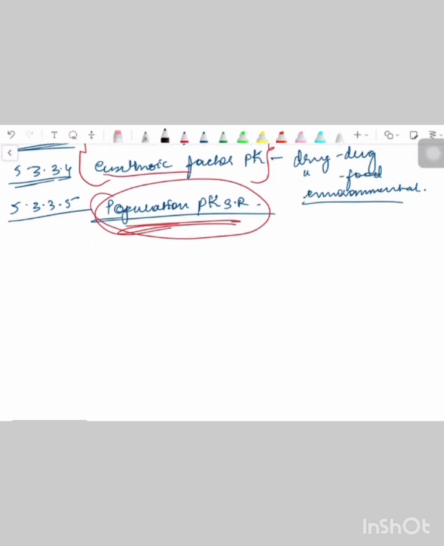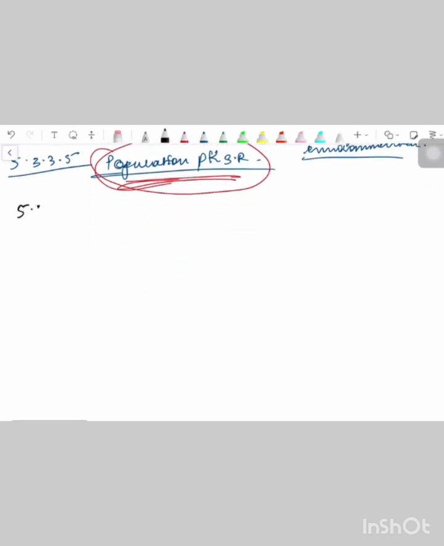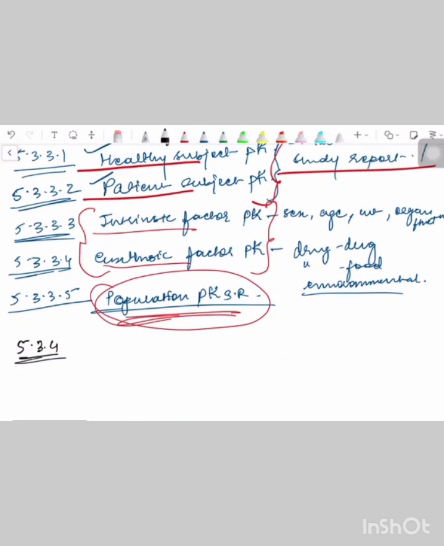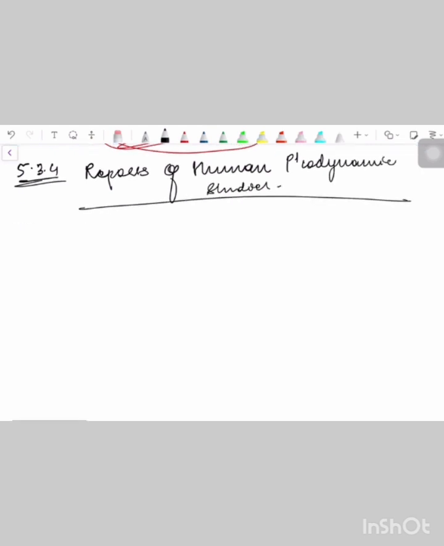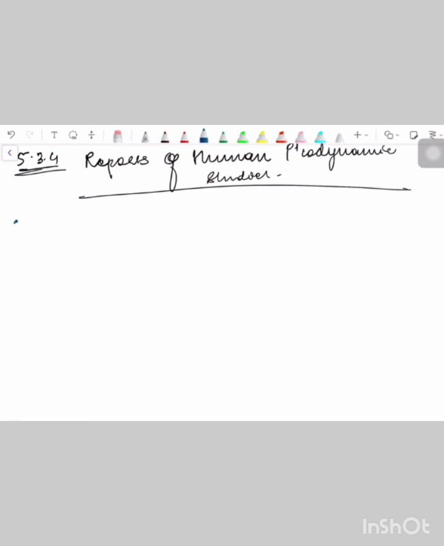Now moving on, next is the next subsection 5.3.4. Just as here we studied reports of human pharmacokinetic study, here we will study reports of human pharmacodynamic studies. Okay, so here comes 5.3.4.1, very easy, healthy subject PD. Okay, we read both together. 4.2.